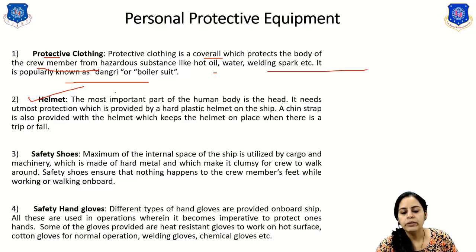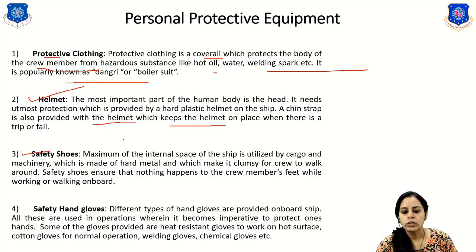The second item is the helmet. The head is the most important part of the human body, and it needs utmost protection, which is provided by the hard plastic helmet on the ship. A chin strap is also provided with the helmet, which keeps the helmet in place when there is a trip or a fall.